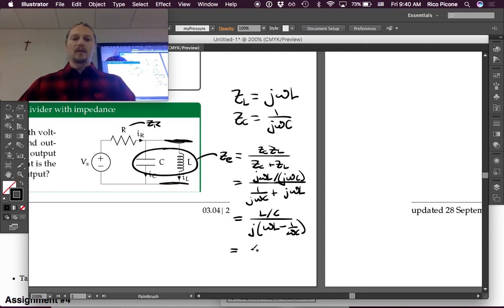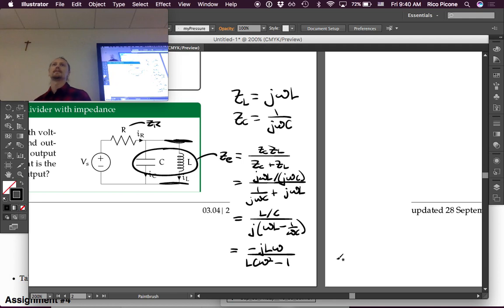There's a j up there too. Negative j L omega divided by, j's are gone, we get L C omega squared minus 1. Yeah, I think that's right. So yeah, that's good.